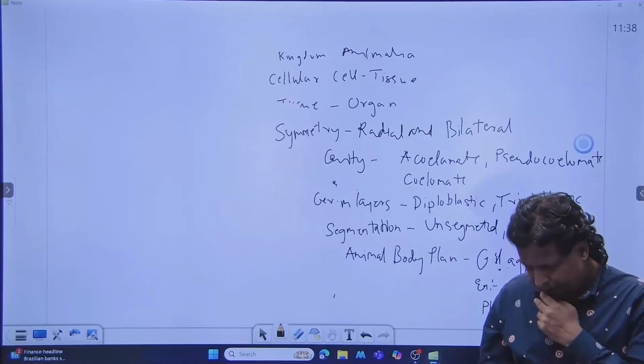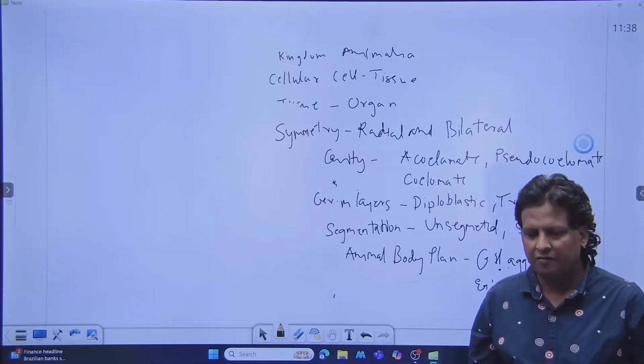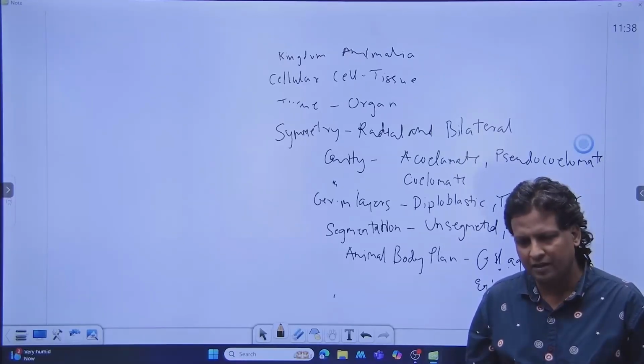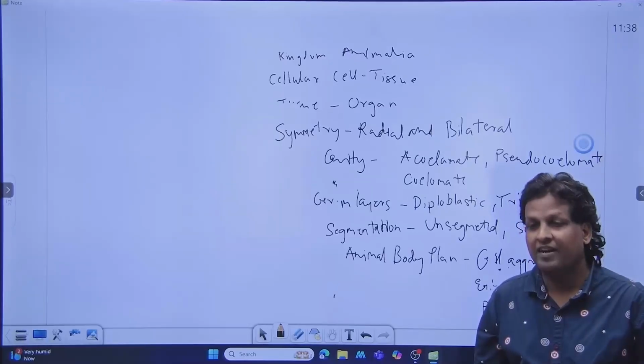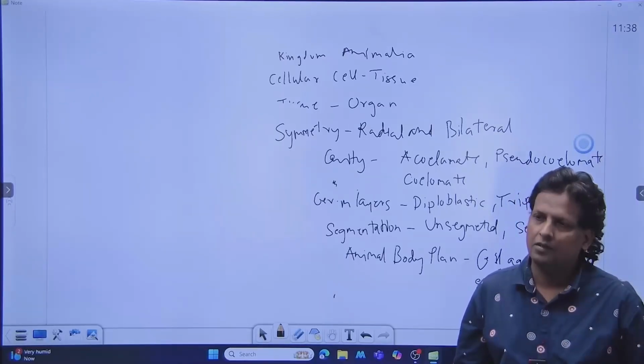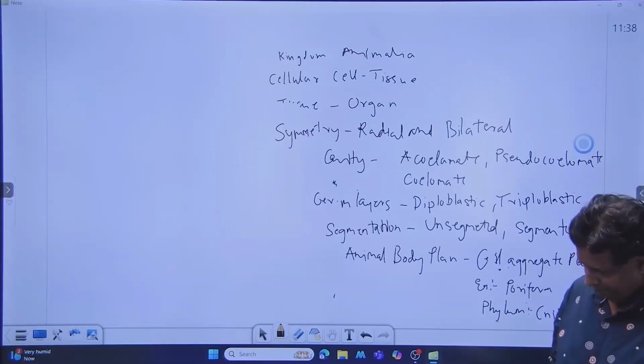What are the body symmetry types? What is your name? What are the types of body symmetry? Radial. Bilateral, right. Asymmetrical, radial and bilateral.